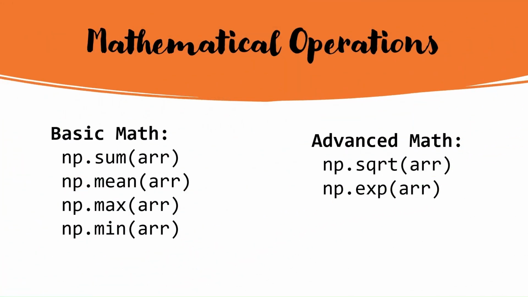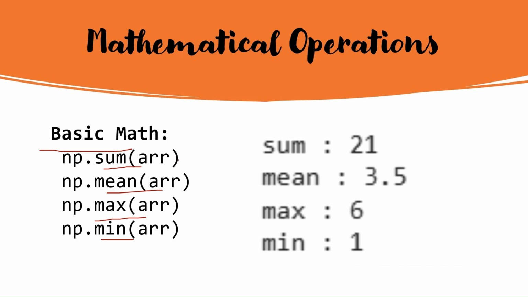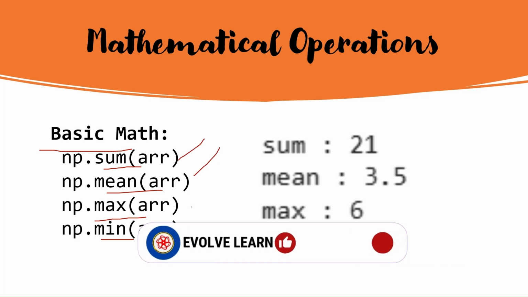Moving on, let's learn about mathematical operations. NumPy provides a wide range of mathematical operations. These operations can be performed on an array of any dimension, making NumPy a fundamental tool for numerical computing in Python. NumPy simplifies both basic and advanced mathematical operations. For example, basic mathematical operations use functions like sum, mean, max, or min to find the sum, mean, maximum, and minimum of an array.